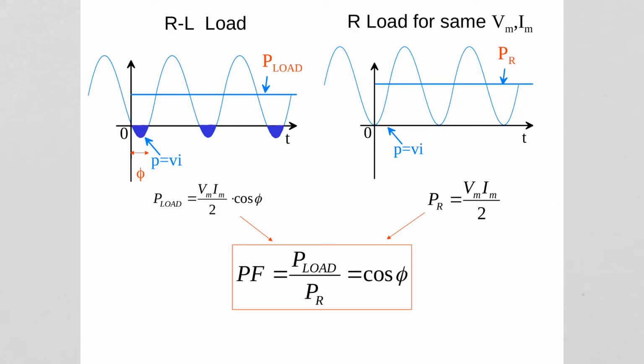So it verifies the definition that we have made as a measure of closeness to a pure resistive load. Any unknown load, measure the closeness to a resistive load, and that will provide you the power factor value.